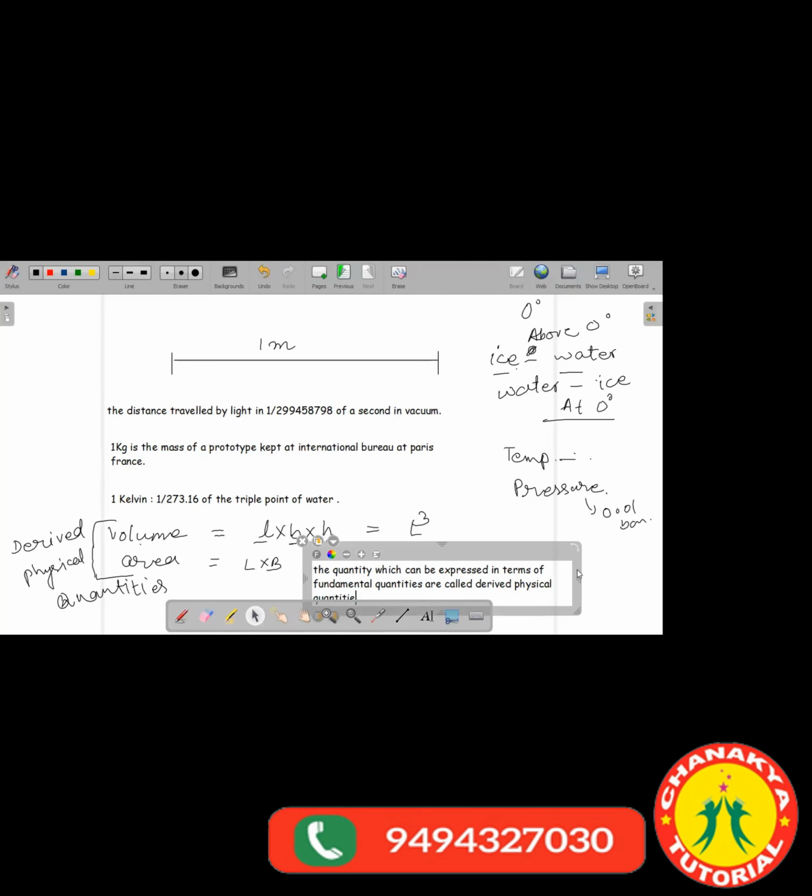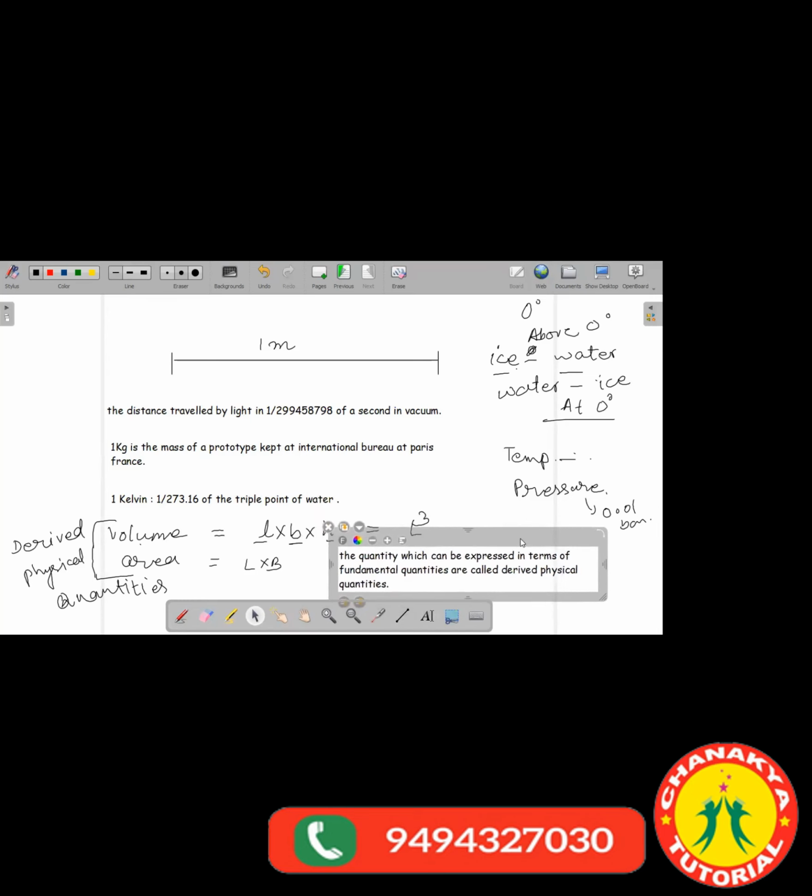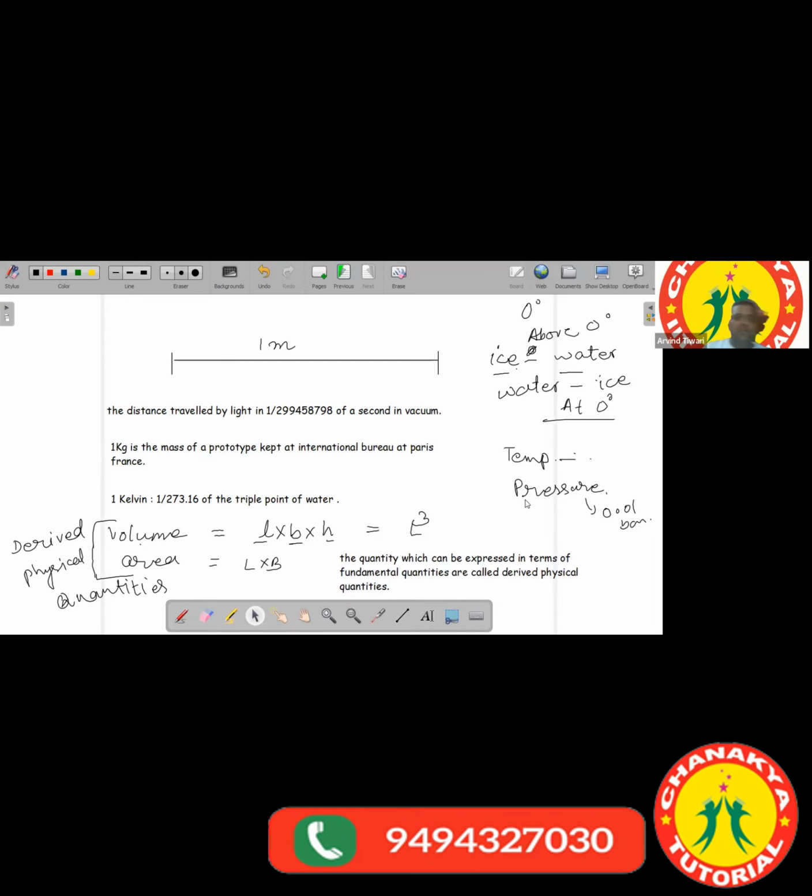So the quantities which can be expressed in terms of fundamental quantities are called derived quantities. Can anyone give me any other example of a derived quantity? Yes, anyone? Speed. Speed, very good. Speed is a derived physical quantity. Any other? What about force? Is force a derived physical quantity or not? Yes, force is a derived physical quantity, right?